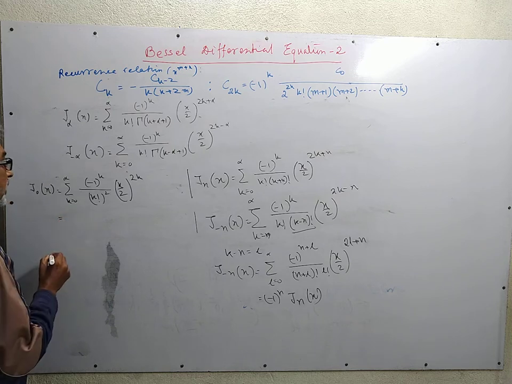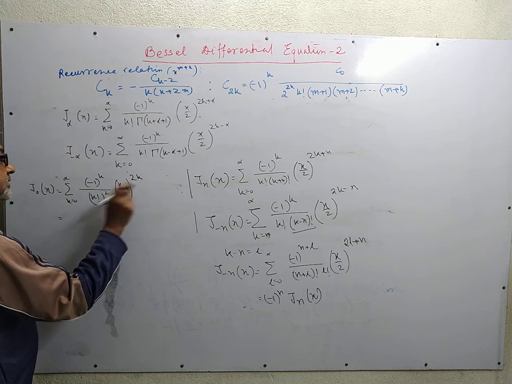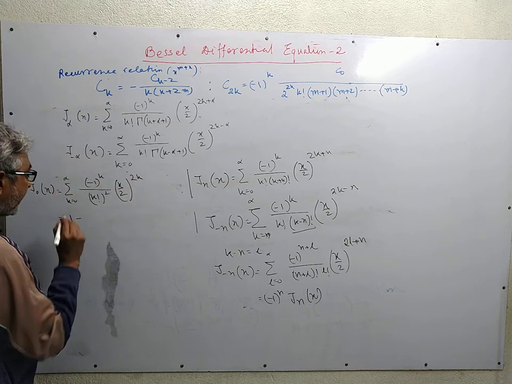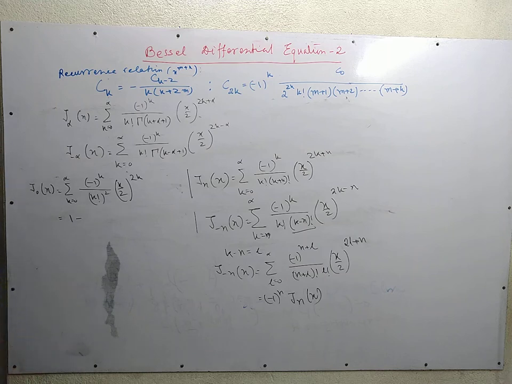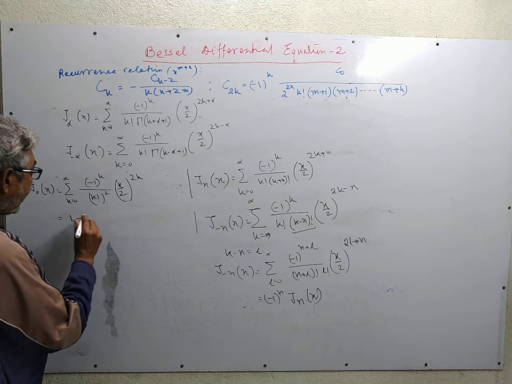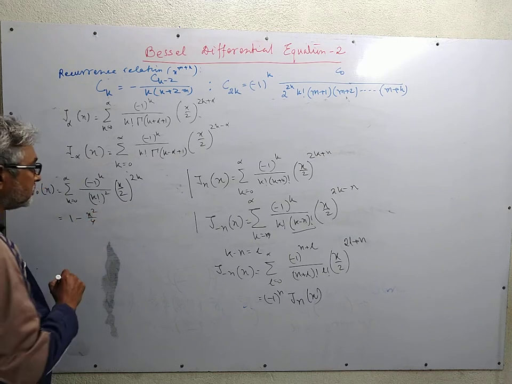So putting k is equal to 0, we get this is 1, this is 1, this is 1. Putting x is equal to 1, we get this is minus, this is 1, and this is x by 2, x square by 4.